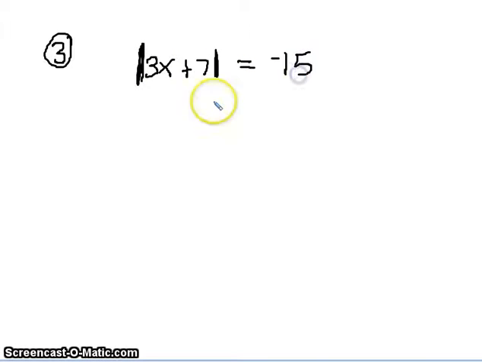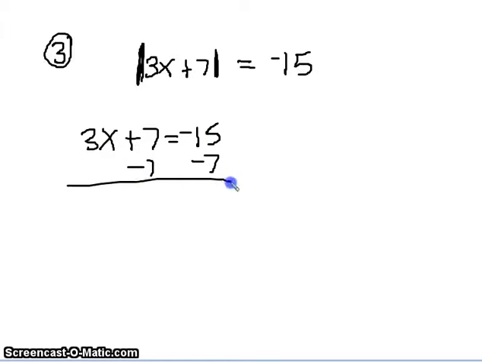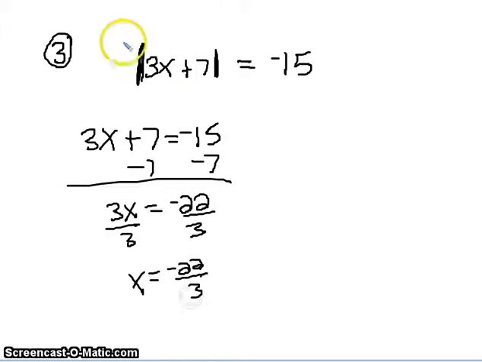Problem number 3 is the absolute value of 3x plus 7 is equal to negative 15. Now, I could be really mean and make you work all this out, and some of you could go ahead and work this out. Look what happens. If you have 3x plus 7 equals negative 15, you subtract 7 and get 3x equal to negative 22, and divide both sides by 3, you get negative 22 thirds.